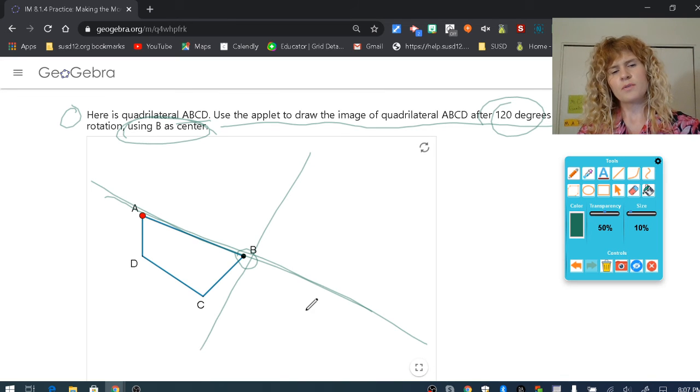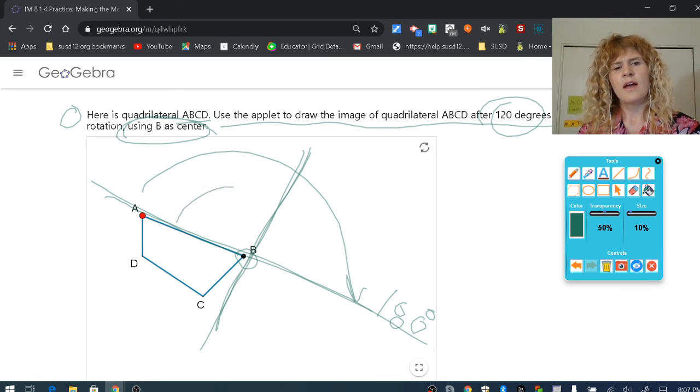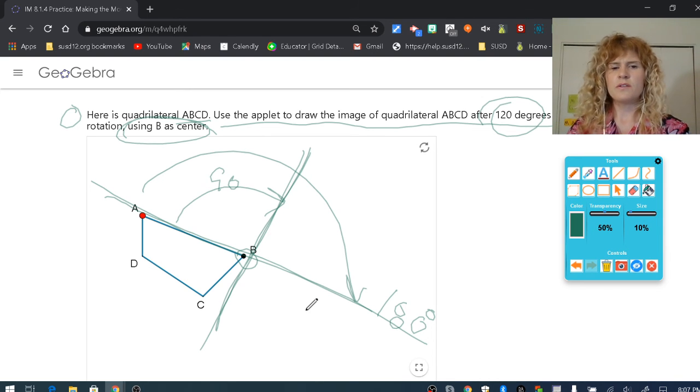Well, I'll draw my grid to help me. Maybe something like that. So a straight line is 180 degrees. All the way over, that's 180. Halfway is 90 degrees. So where do you think 120 is?